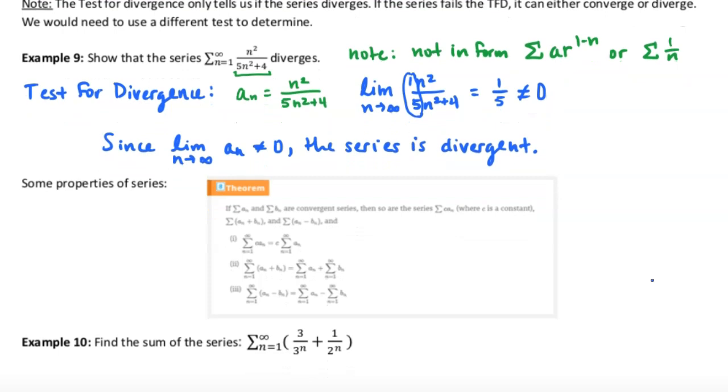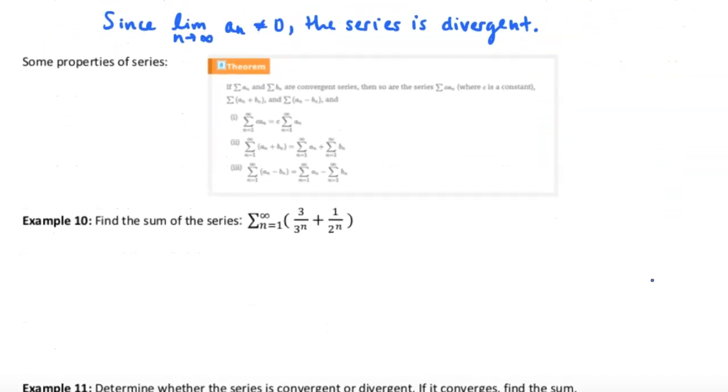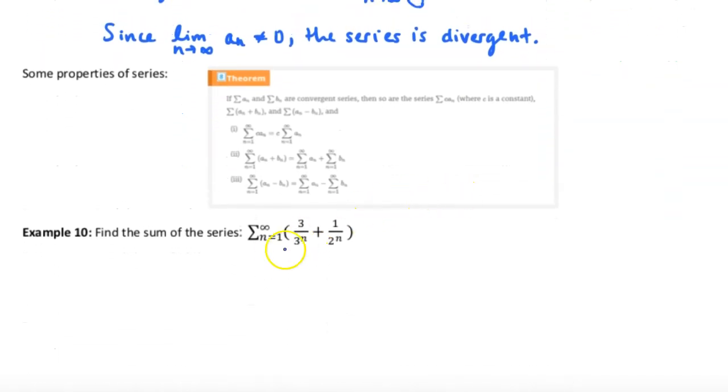So let's see what this is going to look like with real values. In example 10, we want to find the sum of the series of 3 over 3 to the power of n plus 1 over 2 to the power of n. And let's remember that I want this to be in the form. Now I know this is not a harmonic series, right?